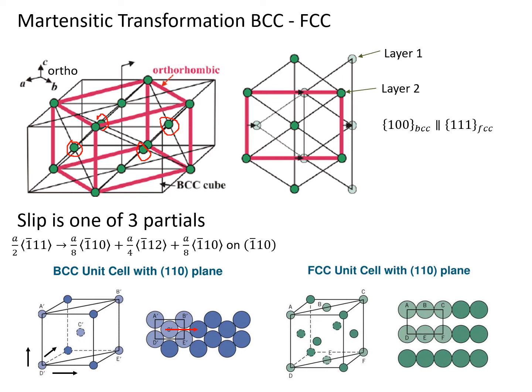So with some slight readjustment in lattice parameters, you can actually do a transformation. In principle, according to this diagram I got off the internet, you can translate the BCC, which you can represent, in this case, as an orthorhombic cell, into an FCC structure.